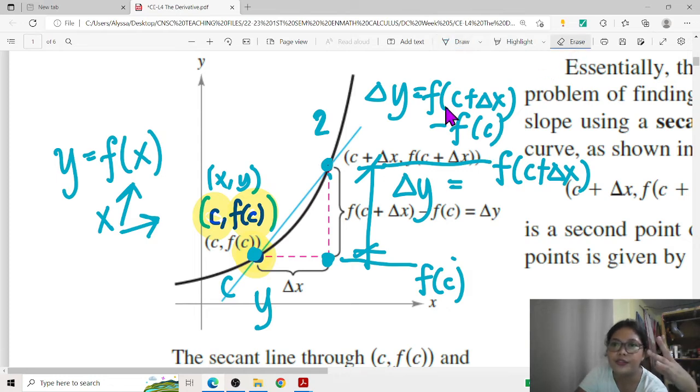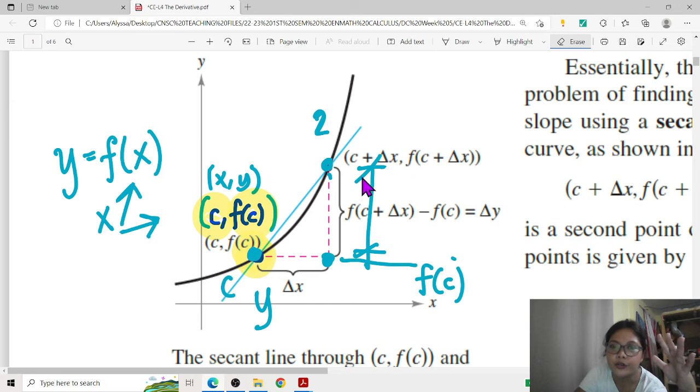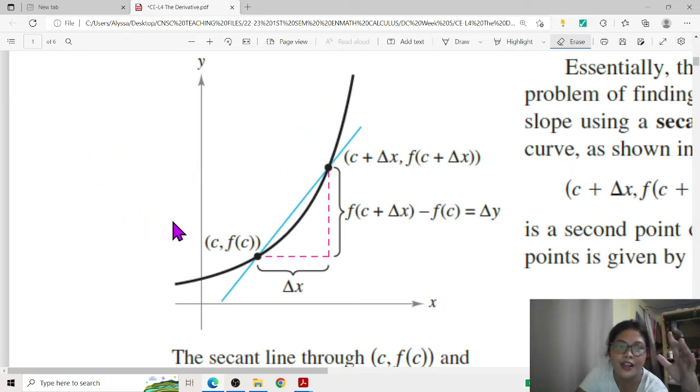So doon na derive yung formula nitong curve na to, regarding a function of c and then any number or any constant number as a function of that graph.